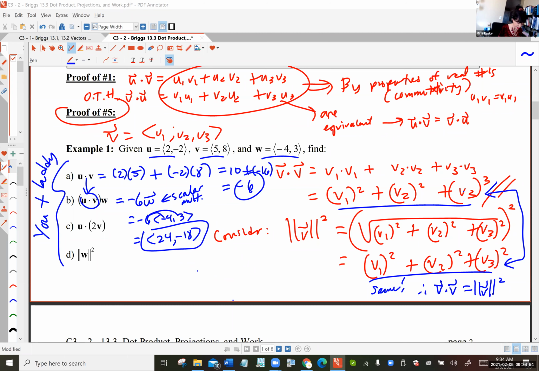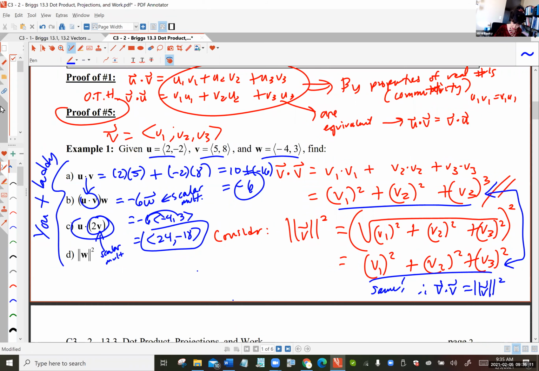Fantastic. Now, letter C is a little bit tricky because it also has a dot product with scalar multiplication. But if I were you, I would do the scalar multiplication first. So you first want to figure out what is 2 times your v vector.